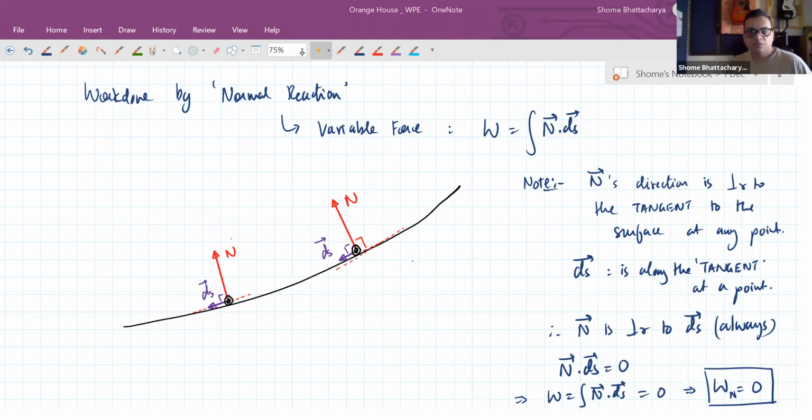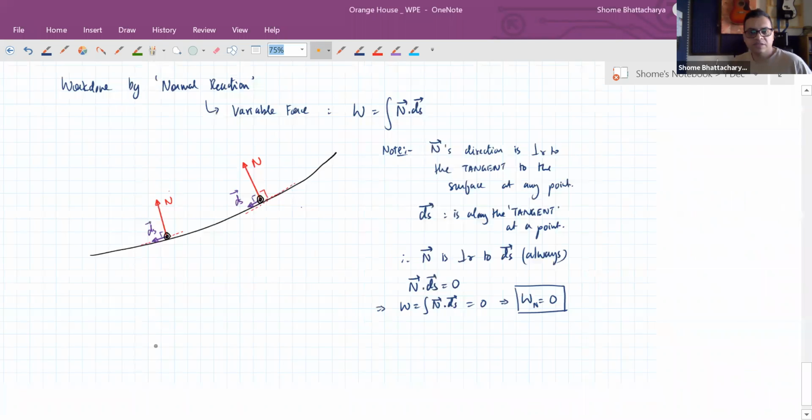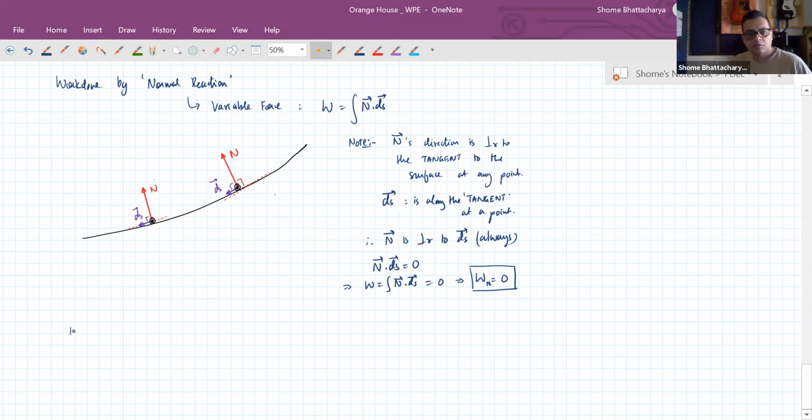Okay, so finally from this, what we are seeing is for the second part, we'll apply this theorem that net work done is change in kinetic energy. So work done by mg plus work done by normal reaction should be half mv square. So work done by mg was mgh.